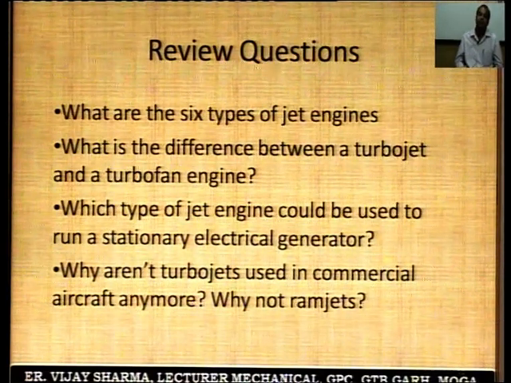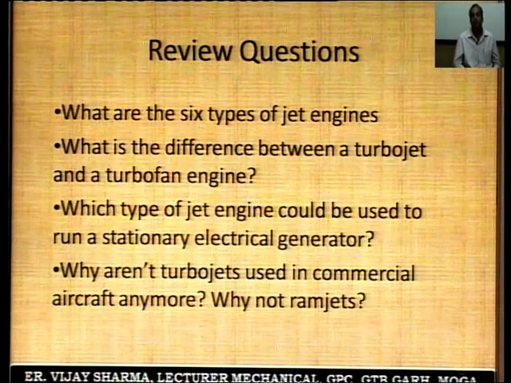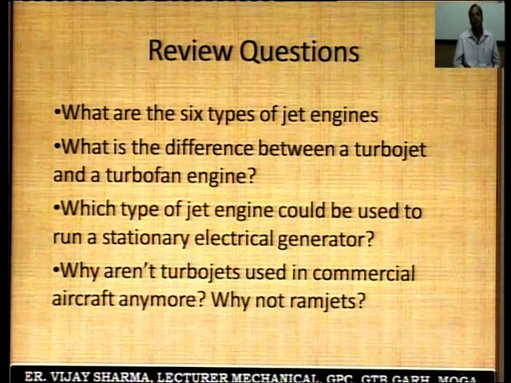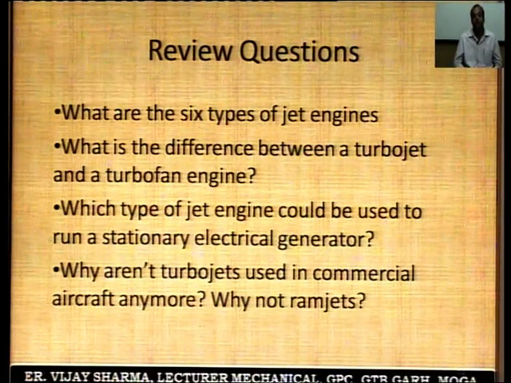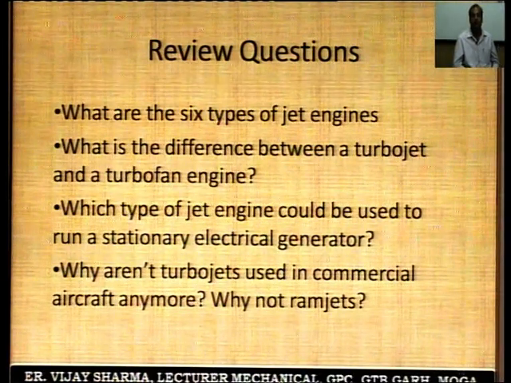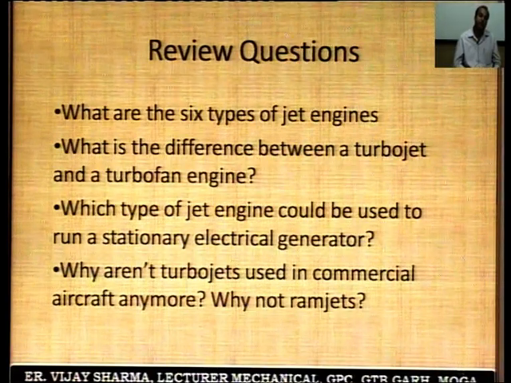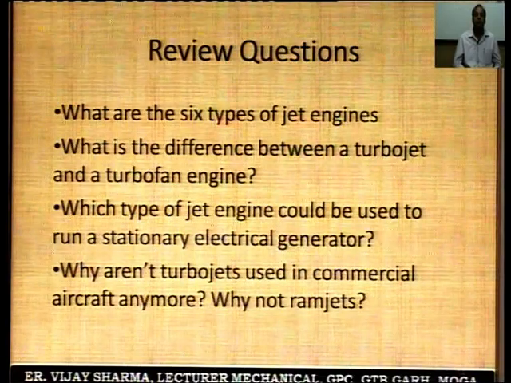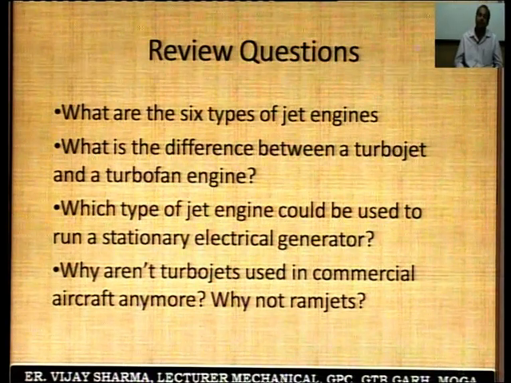Here we have a review question for the students. First is, what are the 6 types of jet engine? This is a very important question. Second is, what is the difference between a turbojet and the turbofan engine?